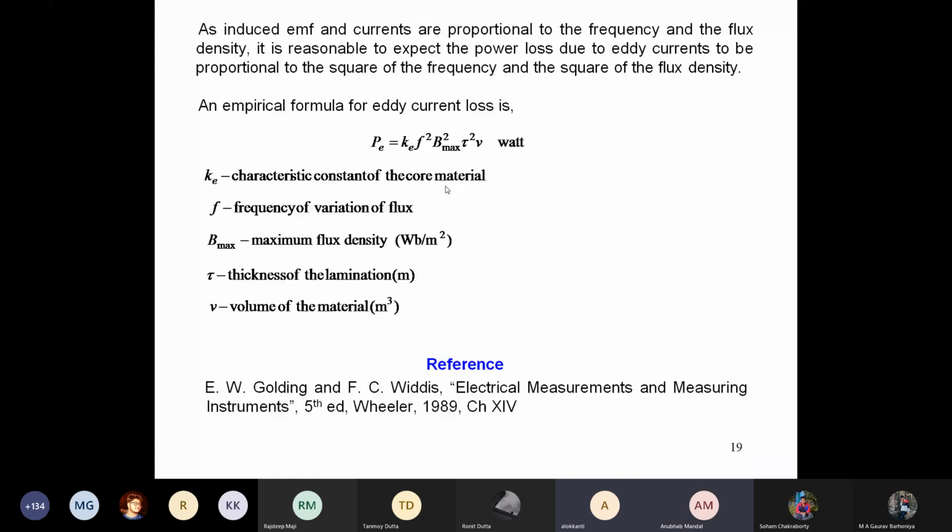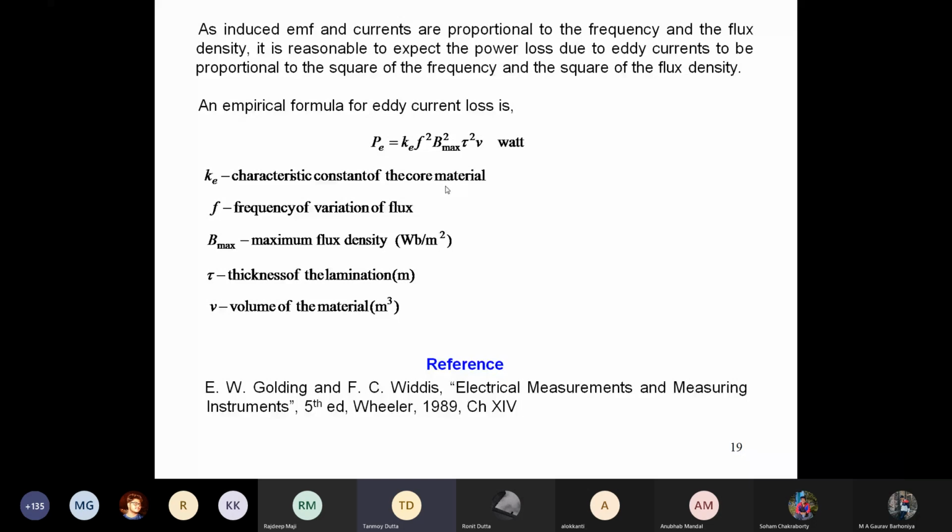That will basically result in an increase in resistance. Increase in resistance means the current will reduce. So one is related to the other. Basically, reducing the thickness results in increasing the resistance.